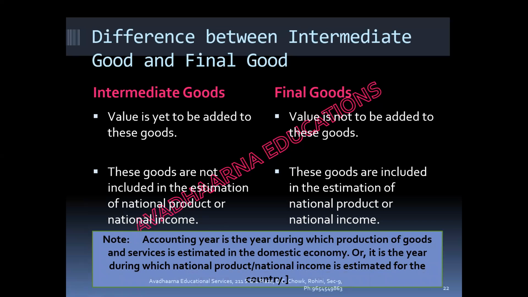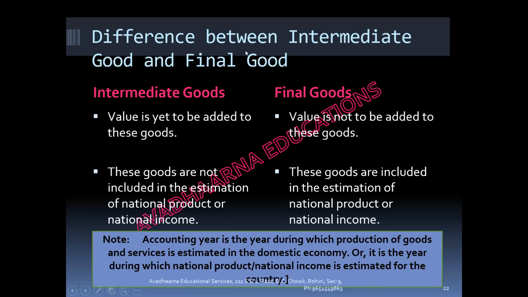Accounting year is a year during which production of goods and services is estimated in the domestic economy, or it is a year during which national product or national income is estimated for the country. So we are going to consider the value of all the final goods and services that are produced in an accounting year for the purpose of calculation of national income.